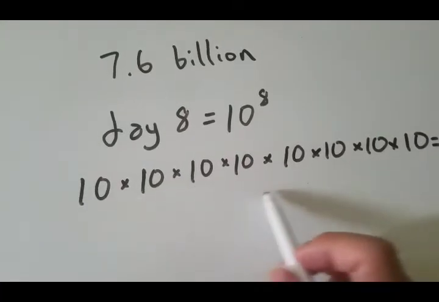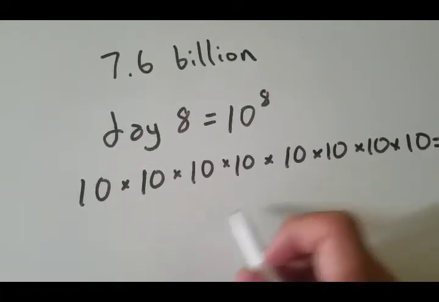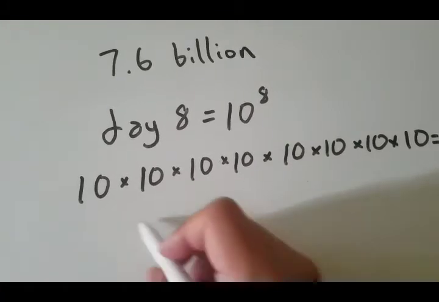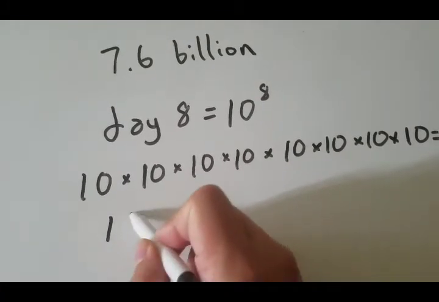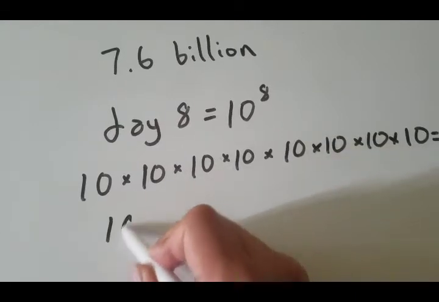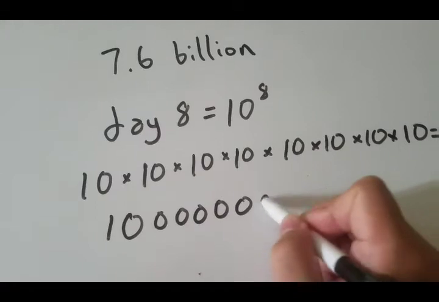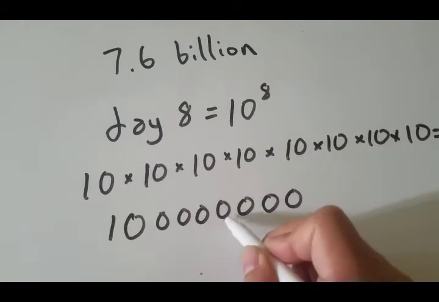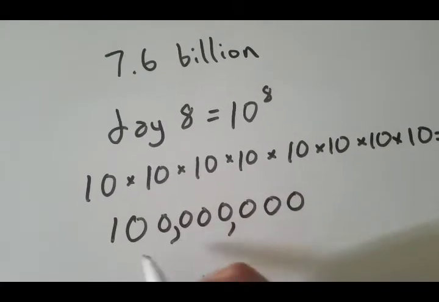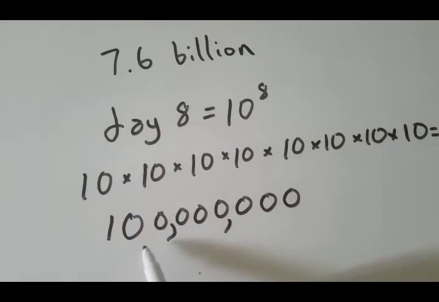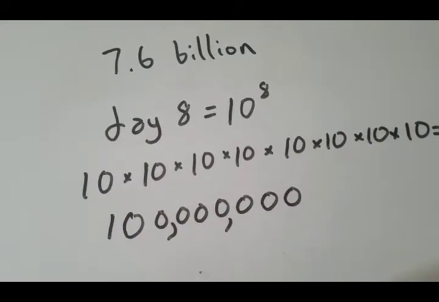We know that when you multiply 10, you add the zeros together. So 1, and there's 8 days, so 1, 2, 3, 4, 5, 6, 7, 8. In 8 days, we get 100 million people.